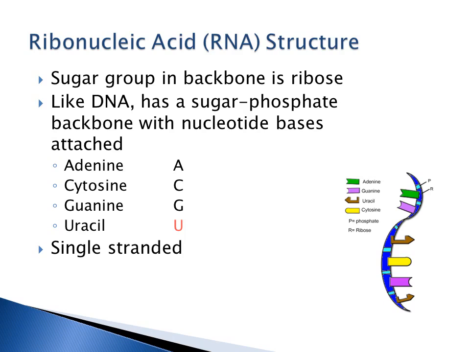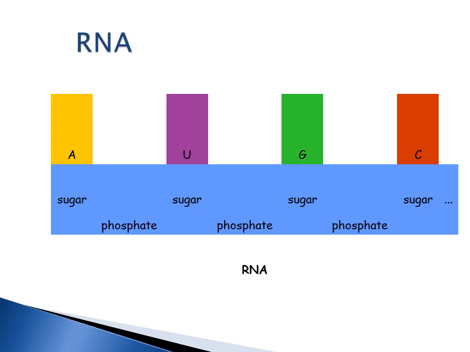In DNA it would be thymine. RNA is single-stranded, whereas DNA is double-stranded. Once again, your RNA has a sugar, phosphate backbone, and you have your nucleotides coming off the sugar. 4 nucleotides, the only difference is the uracil instead of the thymine.